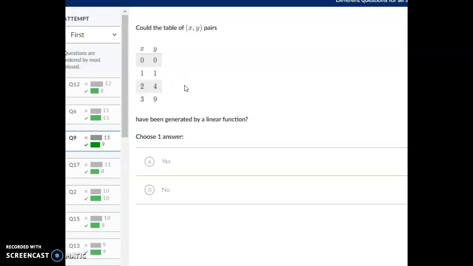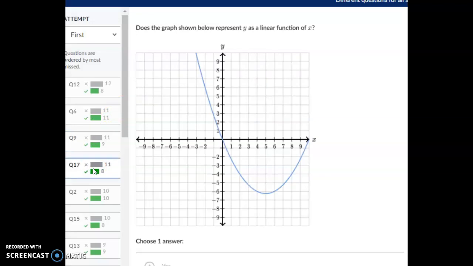So already I can prove that that is not linear. It looks like it's a function from what I can see, but it's not linear because I do not have a constant slope. And if I were to graph that, I could very easily see that I do not get a straight line. Looking at a graph, I know this is not linear. Okay? There's no way for me to program y equals mx plus b into that Desmos graphing calculator and produce this curve.